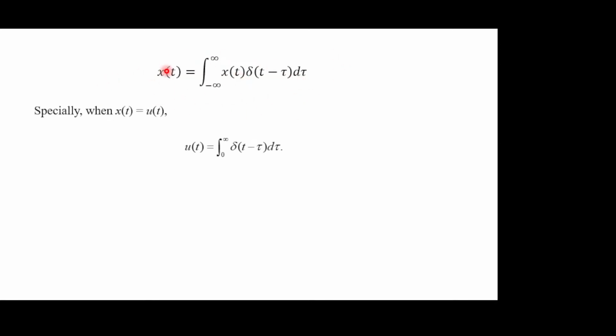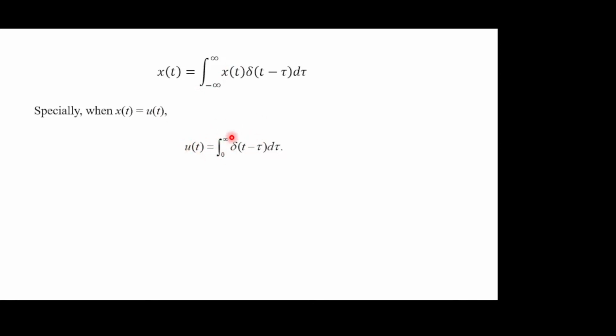But anyway, we can check this equation is correct by replacing our x with u of t. Then you will see that u of t equals this. The u of t inside will cut off the minus infinity to 0.